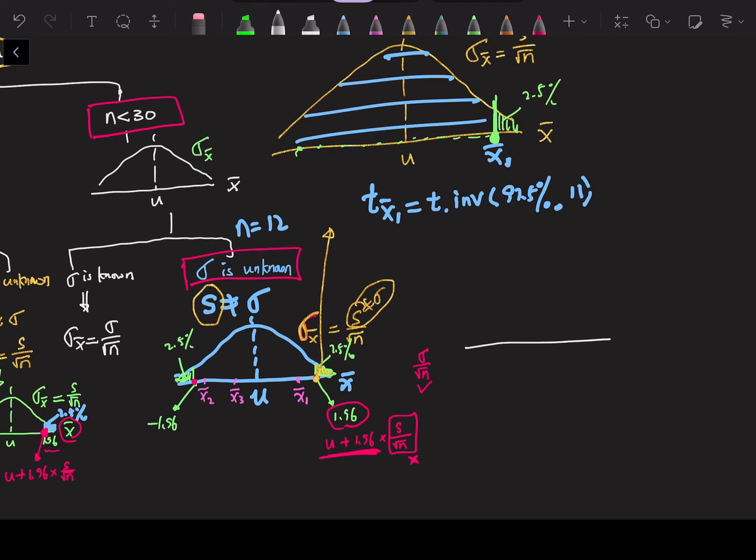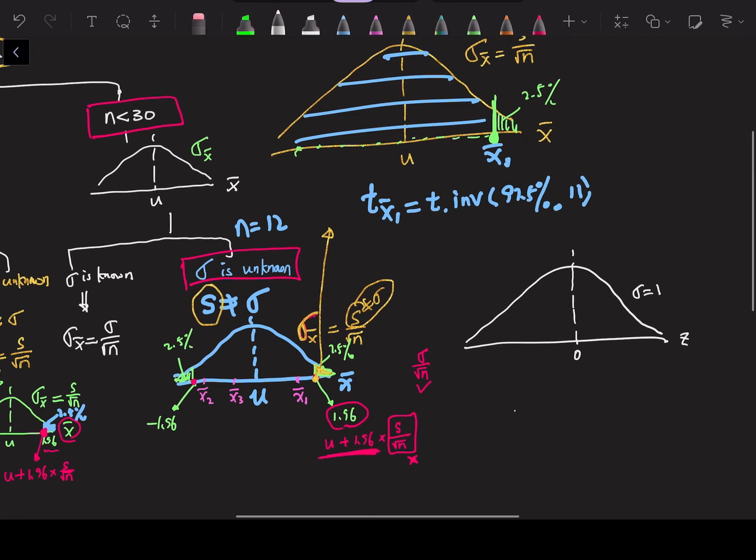So if this is a z distribution, the standard normal distribution with mean 0 and standard deviation 1, we know that the standard normal curve is unique, there's only one z curve.